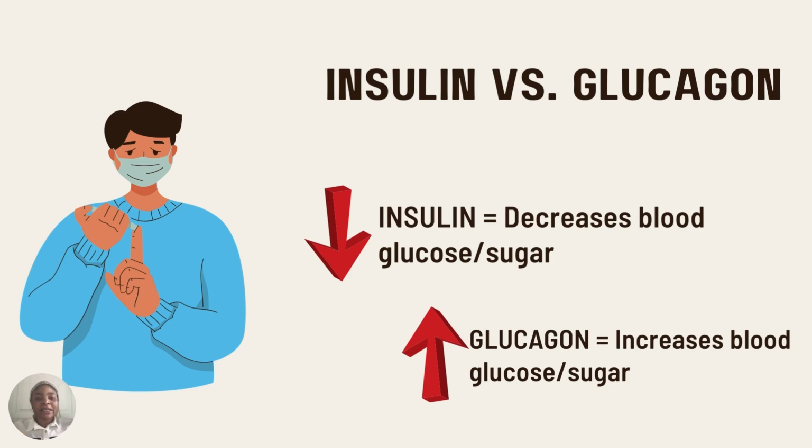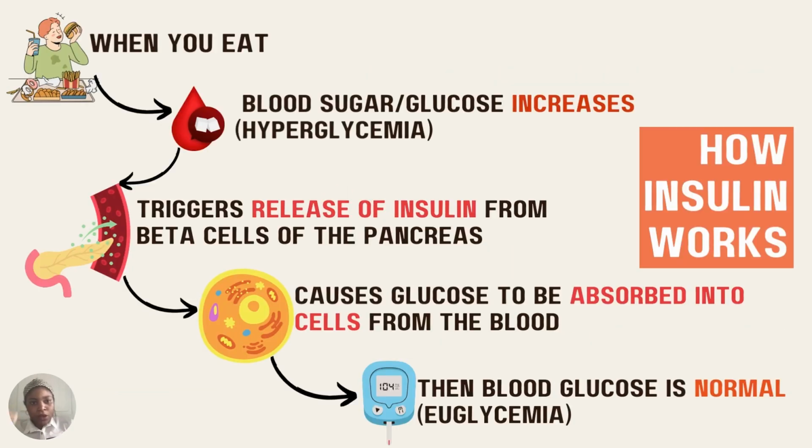How does insulin help me when I eat, and how does it decrease my blood glucose? So when you eat a food, with the carbs, protein, fat, a combination of all of that, it goes through your digestive system and your blood sugar increases. The exocrine part of the pancreas does its part, but the endocrine part also kicks in because now your body recognizes, oh, blood sugar has gone up.